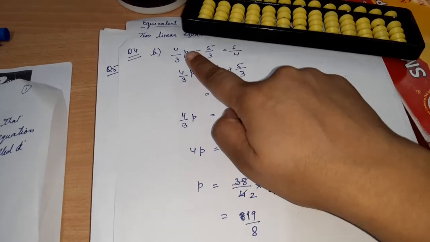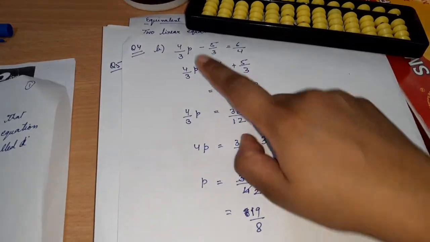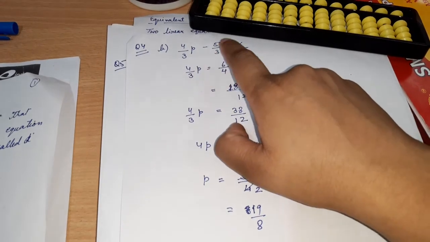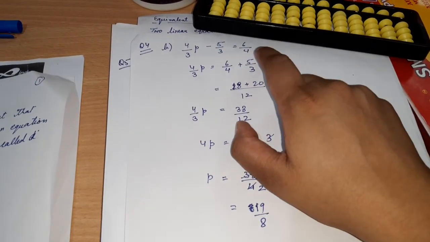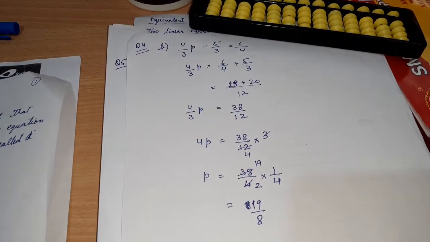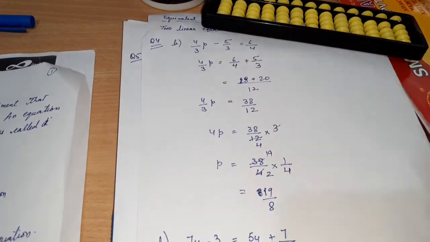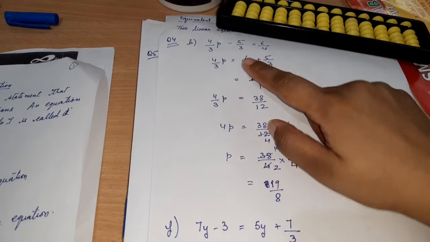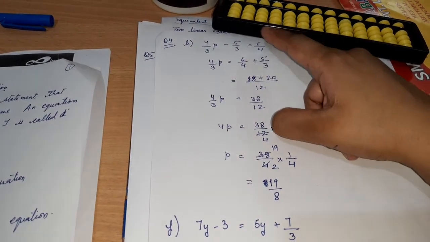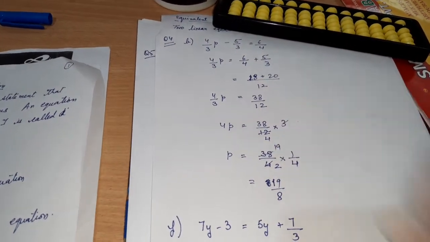Okay. So now in the fourth question we have to use the transposition method. 4 by 3p minus 5 by 3 is equal to 6 by 4. 4 by 3p is equal to, now first we will put the like terms together. 6 by 4 plus 5 by 3.